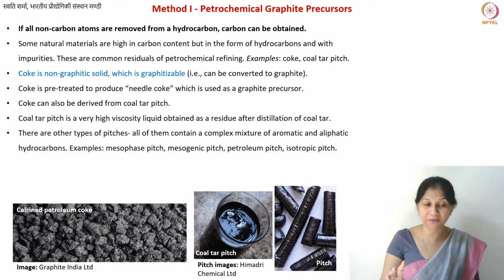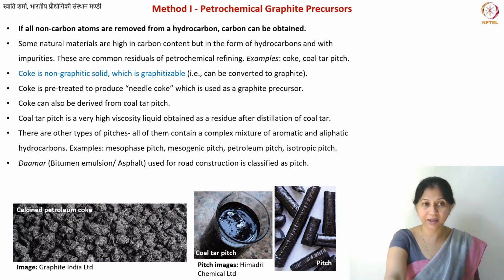In the case of graphite, our 3D crystal arrangement is very important to us. Okay, so now these liquids, there is another picture of pitch that I have shown. This is almost solid. The mesophase pitch, for example, its melting point is, I think, around 300 degrees centigrade. That means it's a very high melting point, almost solid-like material. So pitches come in various viscosities, and these are our raw materials for getting graphite.